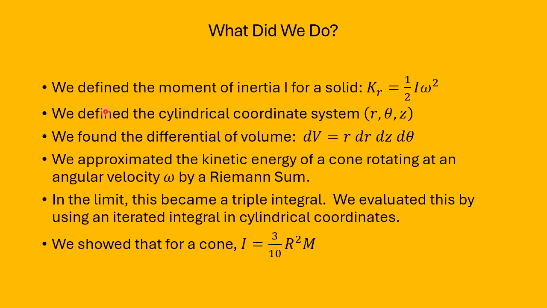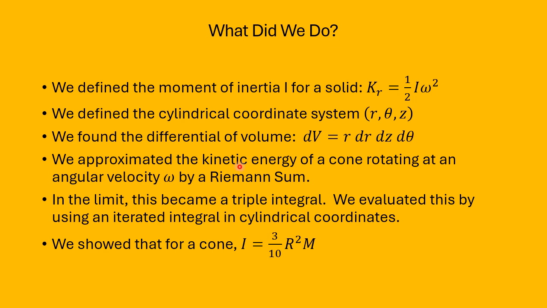Second, we defined the cylindrical coordinate system r, theta, and z. We found that for this cylindrical coordinate system, dv is equal to r dr dz d theta, and you can put these factors right here in any other order that you want, whichever will help you solve the problem the easiest way.